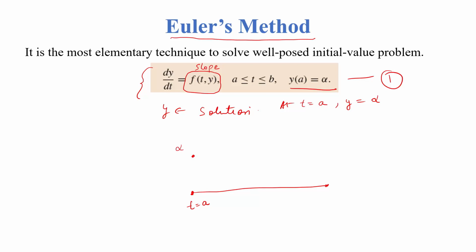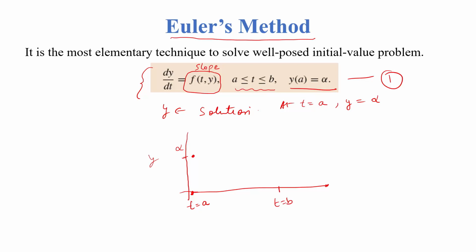This is my y axis and this is my t. Now what I am interested in is finding out the solution in the interval a to b. Suppose this is my t equal to b.